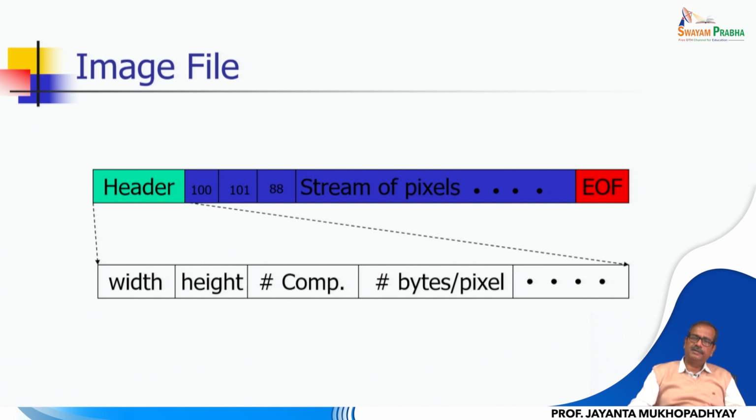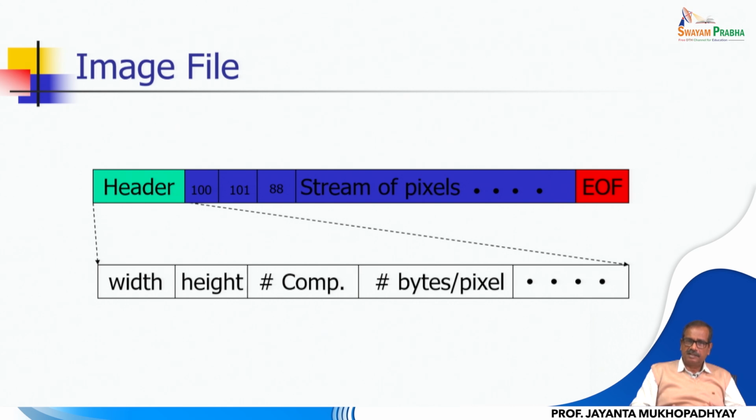So that's why you require the number of components, and then you also require to store the conventions by which this stream of bytes should be converted into the value for a pixel. So the number of bytes which is required for representing an integer or real number in different formats. All those pieces of information are stored in the header.